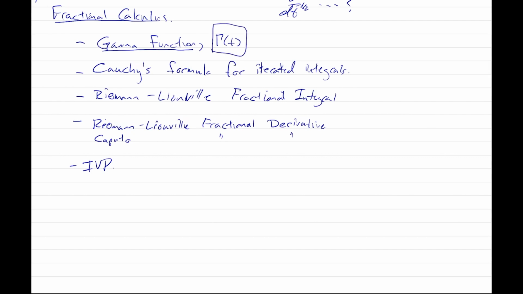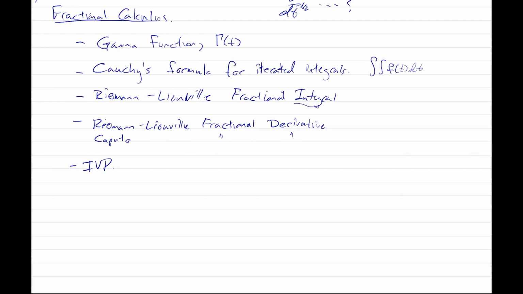This you might have seen from Calculus 2 if you had an ambitious Calculus 2 professor, or just one that really liked indefinite integrals. We're also going to need Cauchy's formula for iterated integrals, and this is going to require a little bit of Calc 3 know-how, mainly just exchanging multiple integrals. But the idea is that you're just trying to take higher and higher antiderivatives of a function, and you want to be able to write that in a nice closed form.